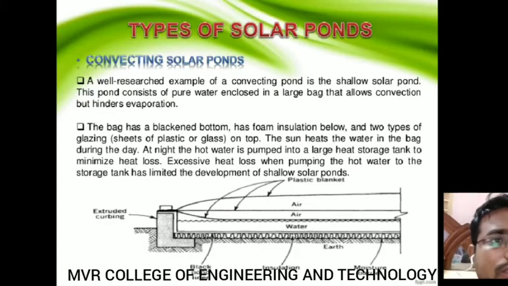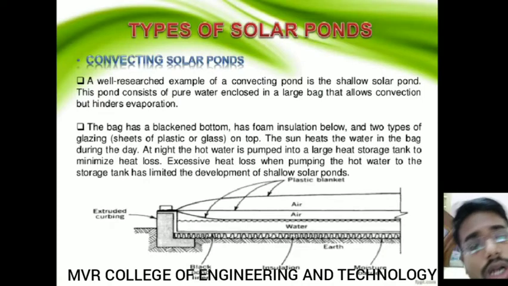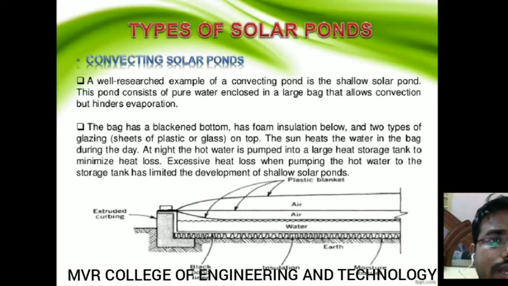You have to pump cold water in from the inlet of the solar pond and take the hot water out, and the hot water is pumped to the turbine in order to generate electrical energy. Pumping the hot water to the storage tank has limited the development of shallow solar ponds.